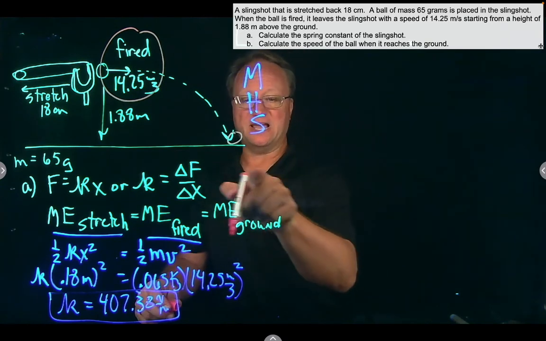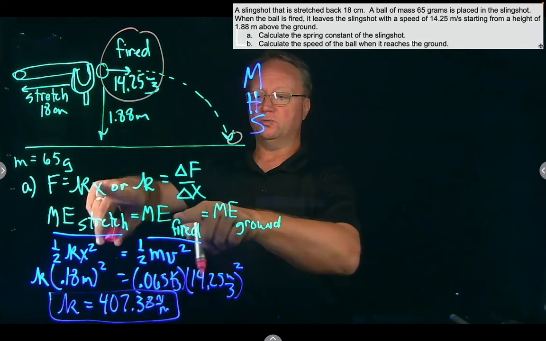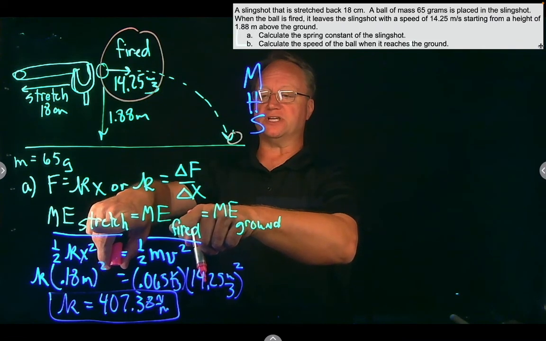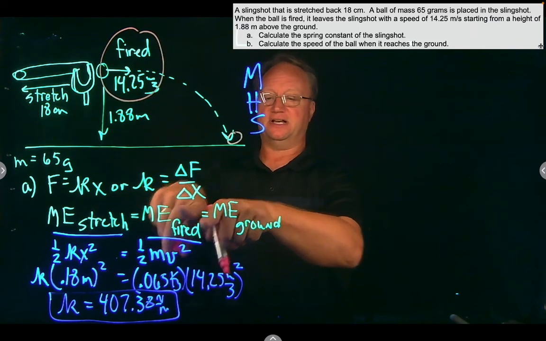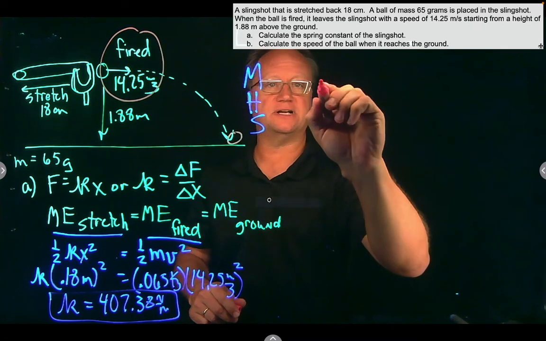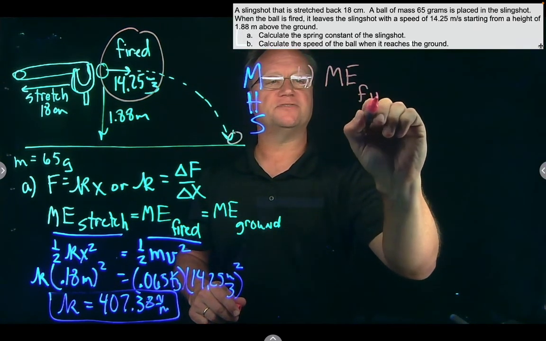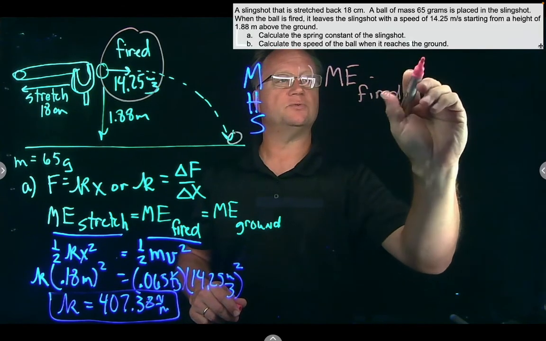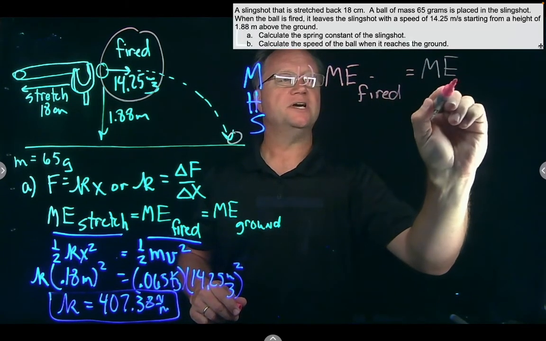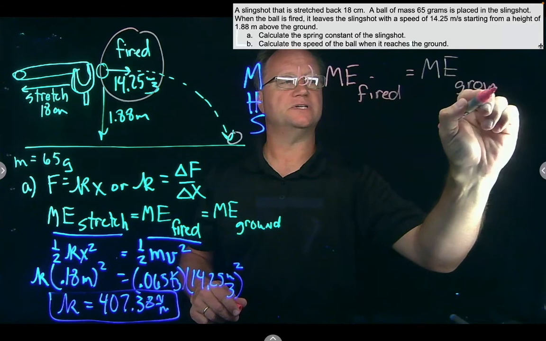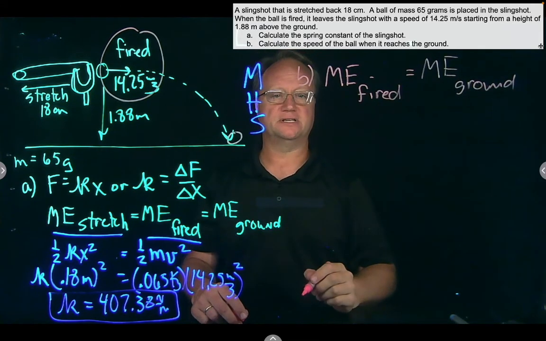So then we have to use the ground section. We can use either of these two sections. It doesn't make any difference. I'm going to go with the fired section and the ground section. So mechanical energy when the ball is fired is equal to the mechanical energy when it just reaches the ground before striking.